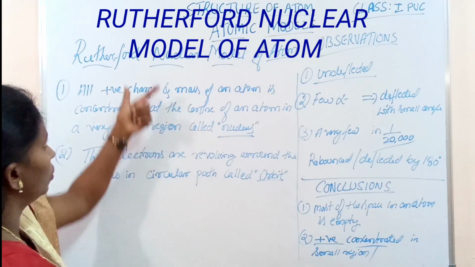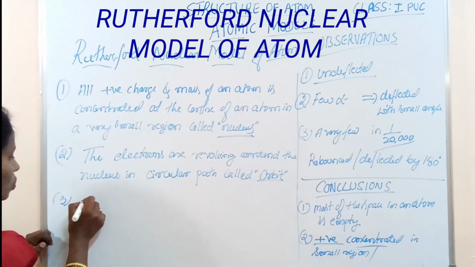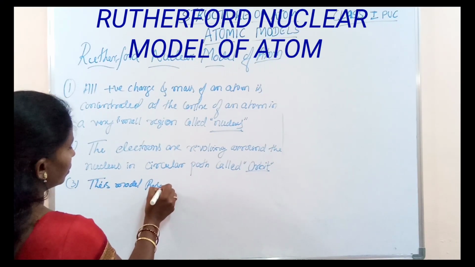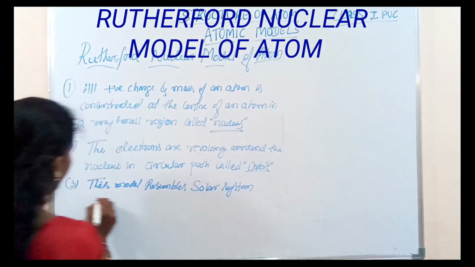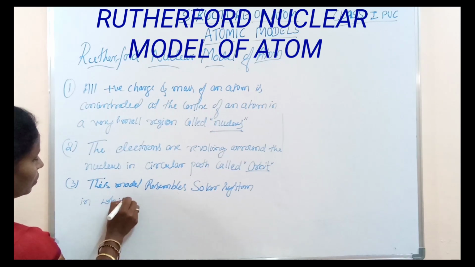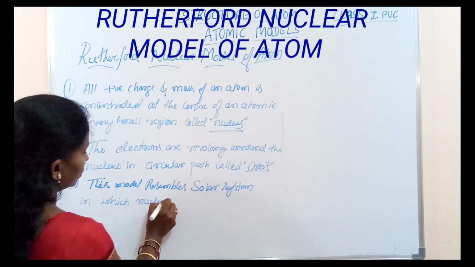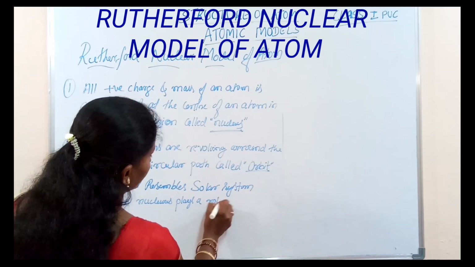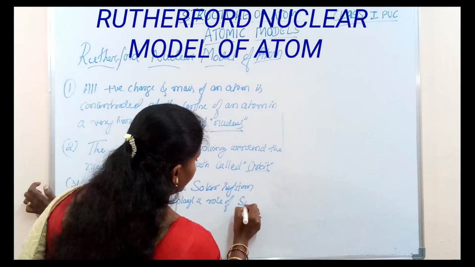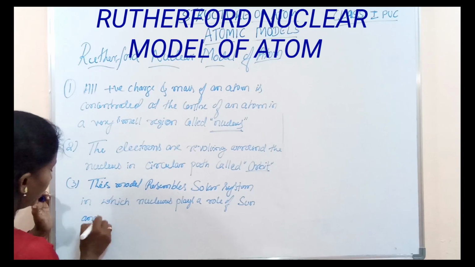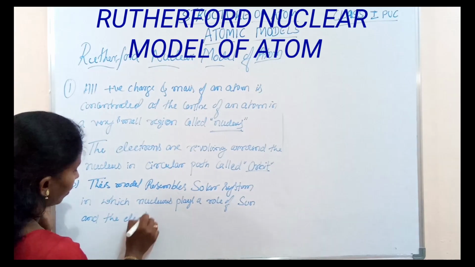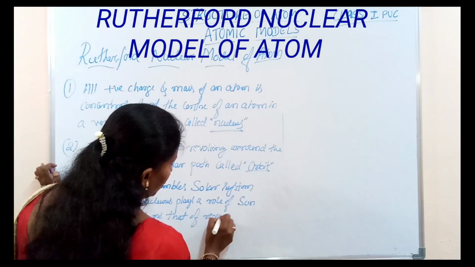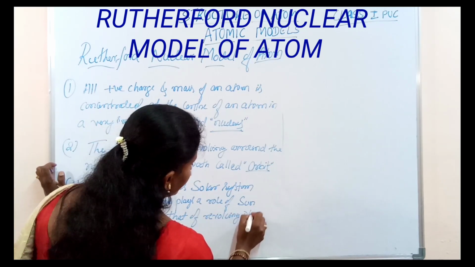This Rutherford nuclear model resembles the solar system, in which the nucleus plays the role of the sun and the electrons play the role of revolving planets.